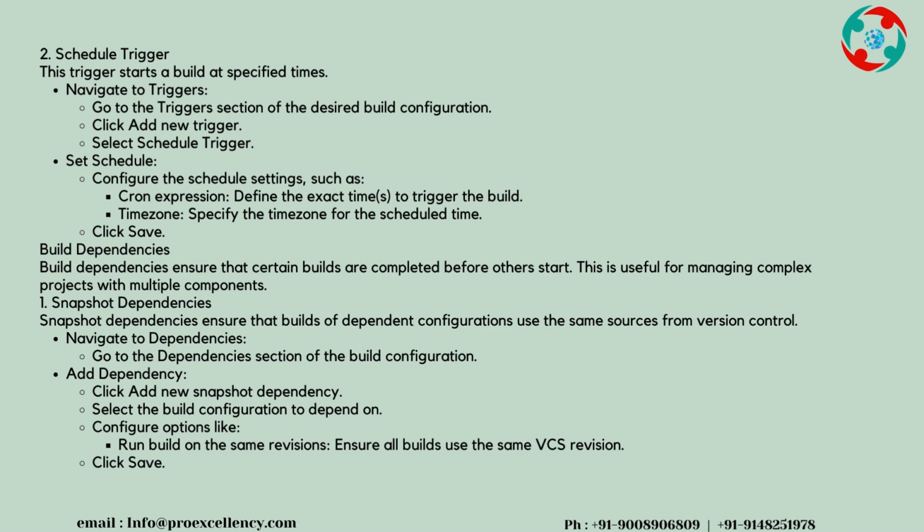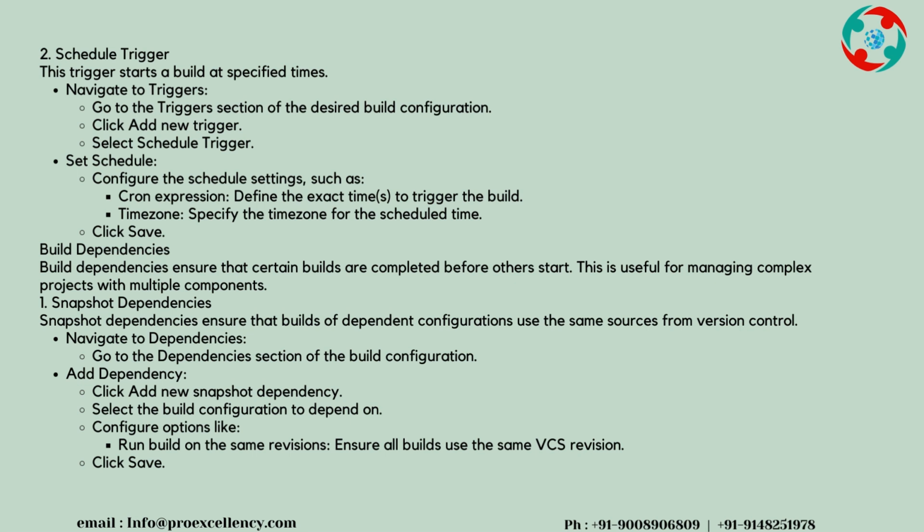This trigger starts a build at specified times. Navigate to Triggers. Go to the Triggers section of the desired build configuration. Click Add New Trigger. Select Schedule trigger. Set schedule. Configure the schedule settings, such as cron expression.